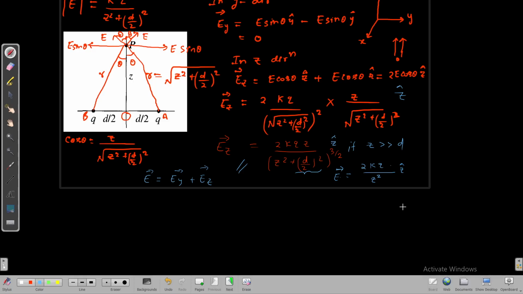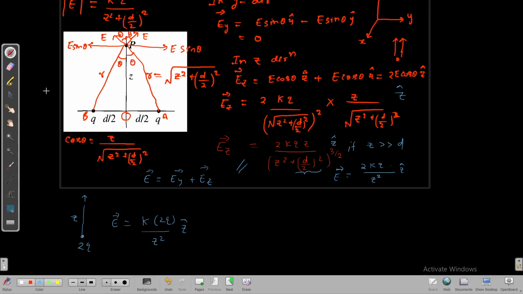It is a simple problem like this: you have a charge of q, that means 2q, and you have to find the electric field at distance z. How will you find it? It will be simply E vector is equal to k times the charge, k twice q over z square z cap. Now you can see it is the same.